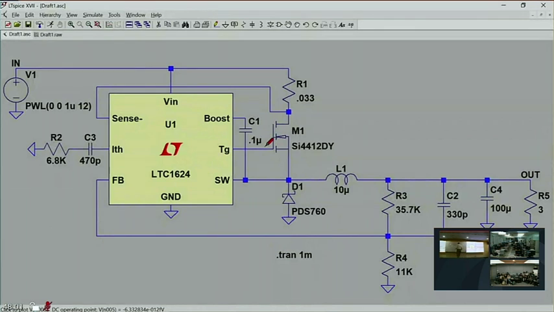Okay, so there's a controller, and the controller has an integrated gate driver. And by integrated, I mean printed on the same piece of silicon. So there's a gate driver, and these are both physically printed on the same die.